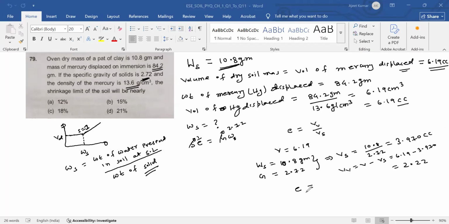So from here, the void ratio e is equal to volume of void, that is 2.22, and the volume of solid is 3.970, and this ratio, when we divide by 3.970, is 0.5591.